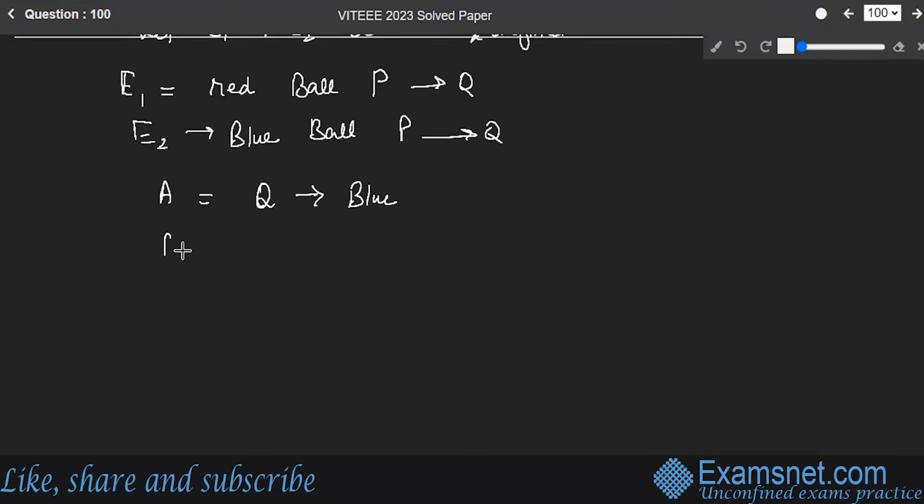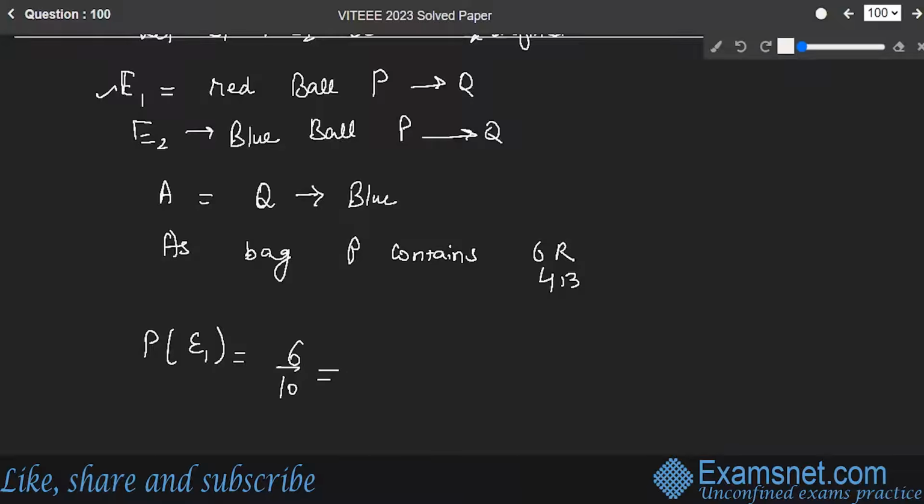So as bag P contains 6 red and 4 blue balls, the probability of event 1 to happen, that is a red ball which is drawn from the first bag, will be 6 upon 10, because there are total of 10 balls.